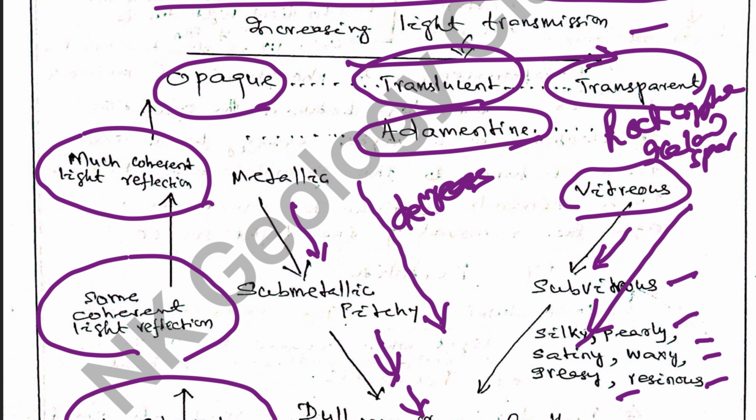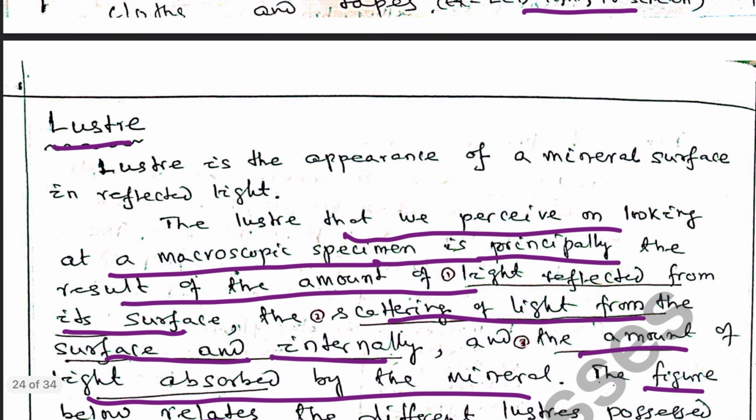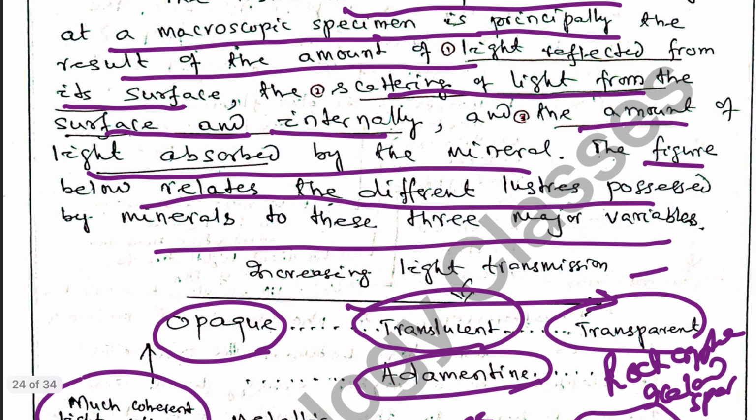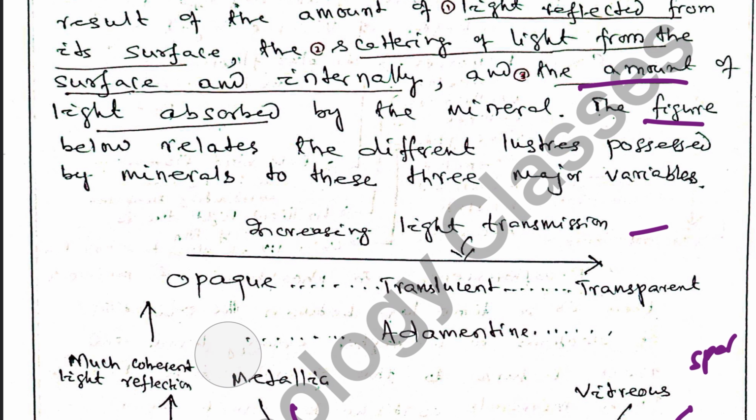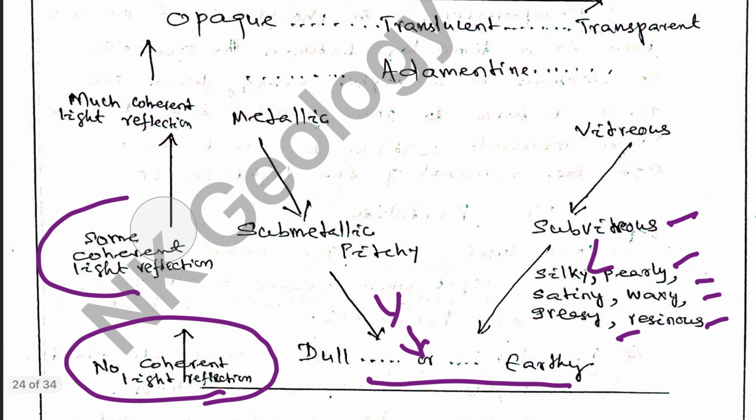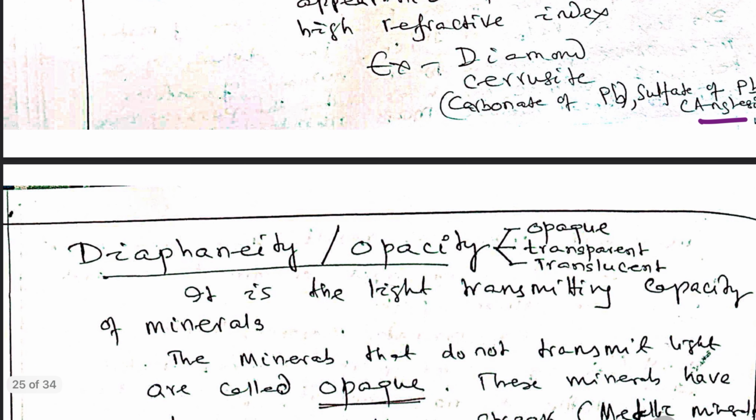So, these are the terms which are described in luster, and let me discuss the other properties. Let us say that is diaphanity or opacity. Opaque, transparent, translucent.